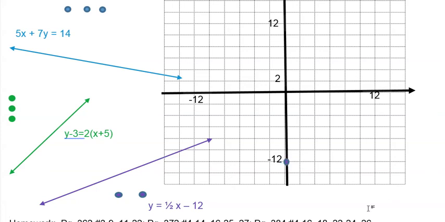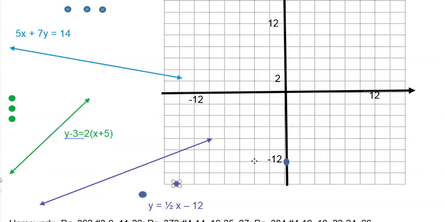From that minus 12, we're going to count up 1 and over 2, because remember our slope is rise over run. So the top number is the rise, how much we go up or down, and the bottom number is the run, how much we go over. So we're going to go up 1 and over 2. Now since I use the same scale on both axes, I can either go up 1 square and over 2 squares, or I can go up 1 value, which is half a square, and over 2 values, which is a full square.